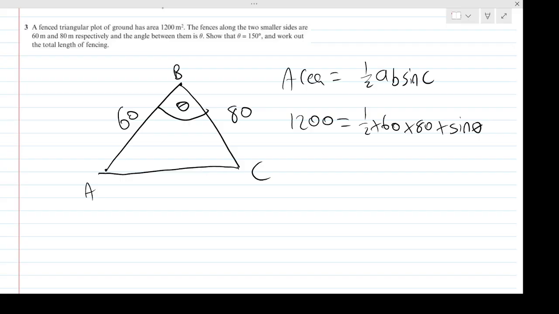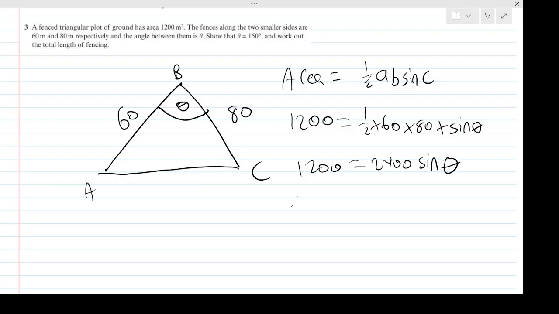If we simplify this a little bit, 1,200 is going to be a half times 60 times 80, which is 2,400 sine theta.